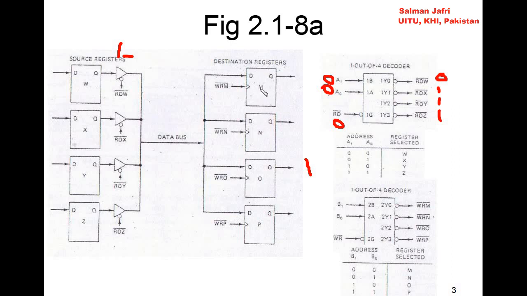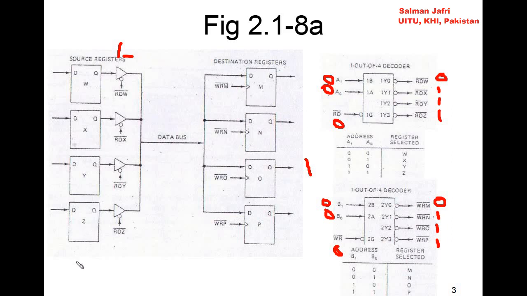Similarly, for selecting one destination out of the 4, we again use a 1 out of 4 decoder. It means when WR equals 0 and B0 and B1 are also zeros, the WRM bar signal is 0 just like previously, and all other signals are 1s. So if WRM bar is 0, the content of the data bus would be written on the M register.